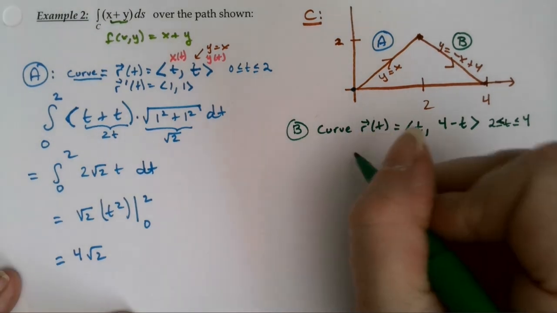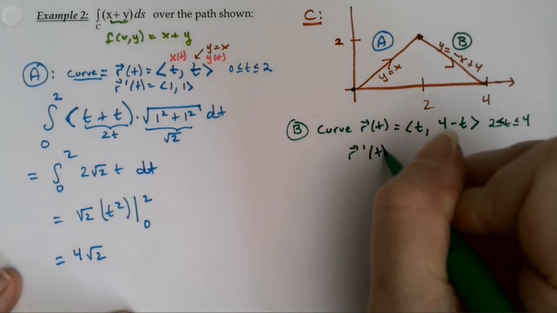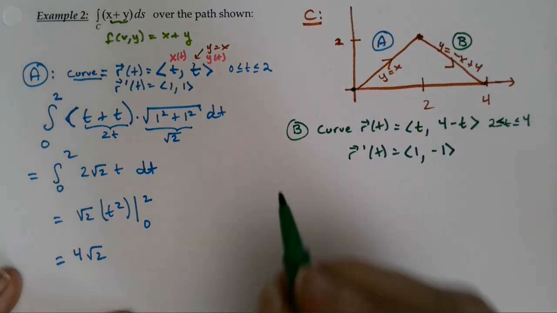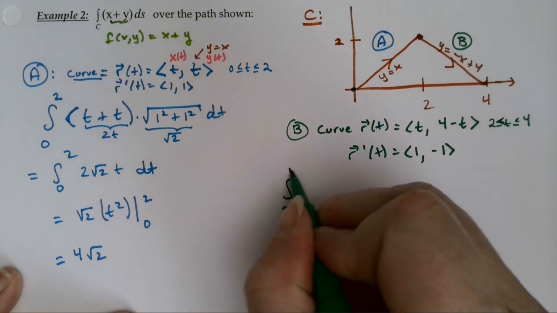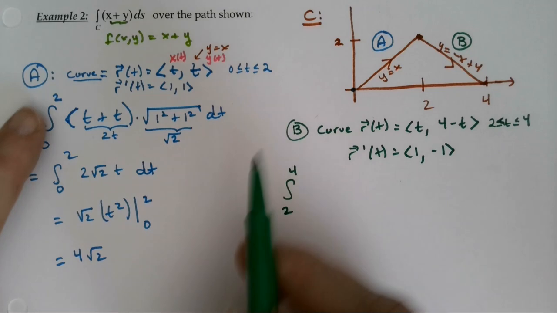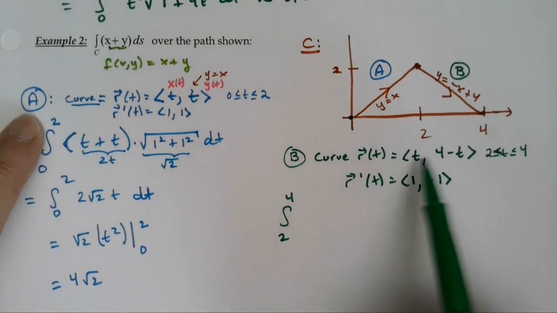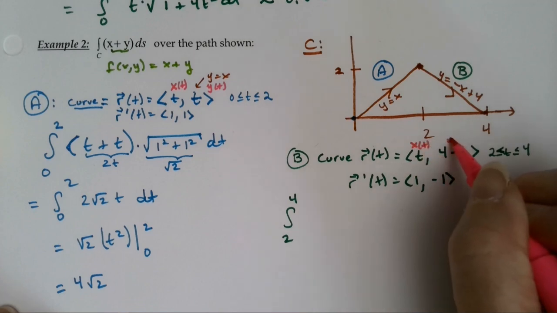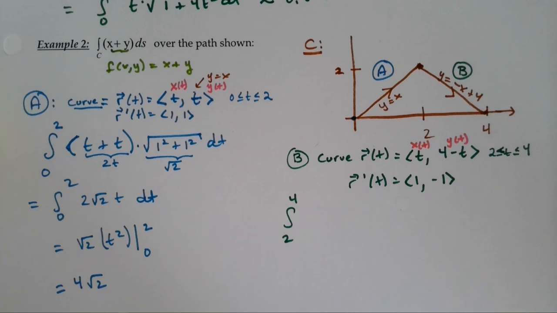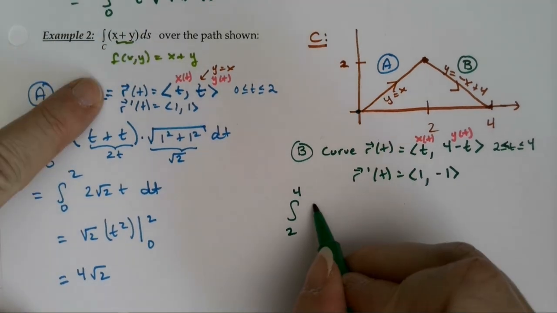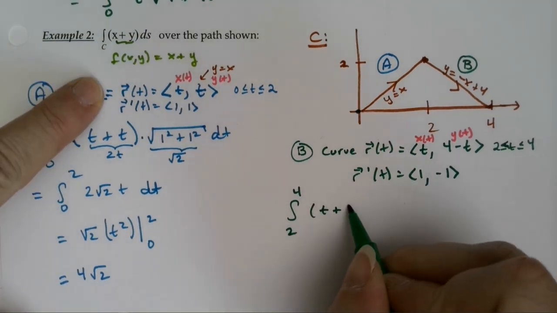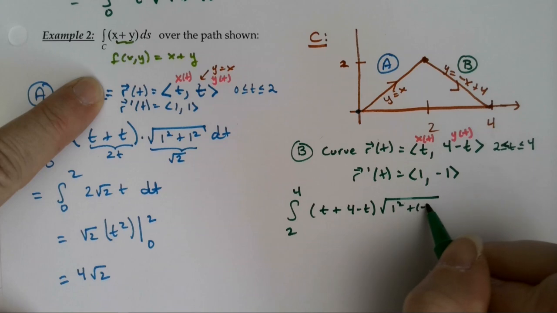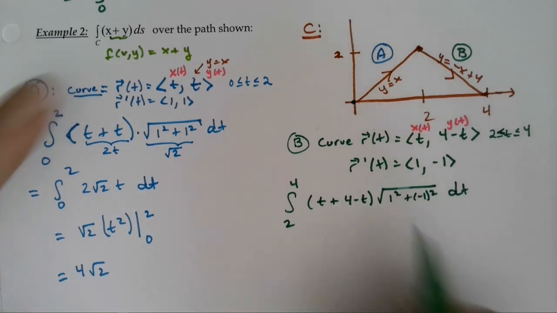All right, well, we know we're going to need the derivative, so I might as well find it right now. That is 1 and negative 1. Okay, so the line integral is from 2 to 4. And then f of x, y is x plus y, but my x for this section is over here. This is x of t. This is y of t. So I'm going to take t plus 4 minus t times the square root of 1 squared plus negative 1 squared dt.